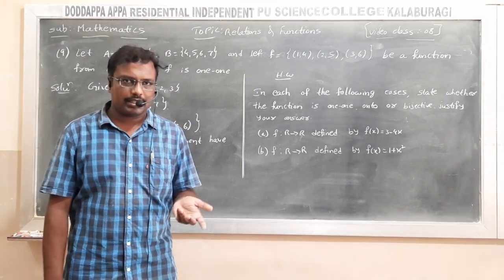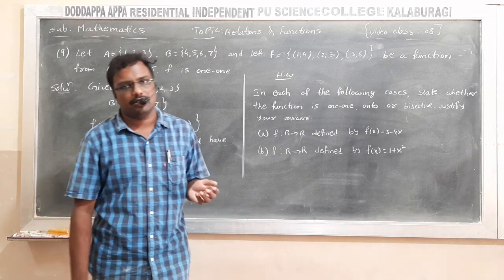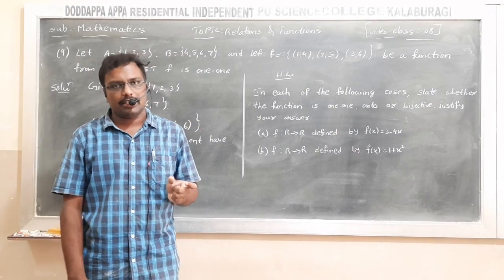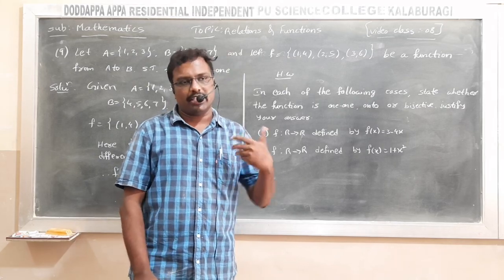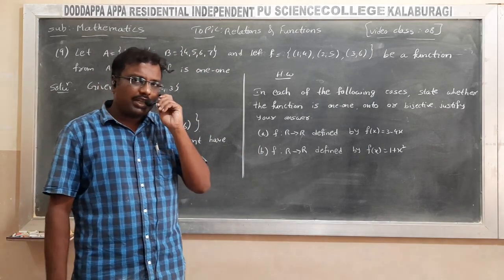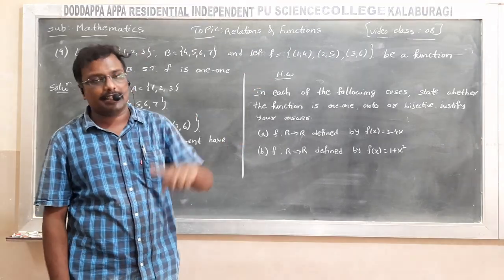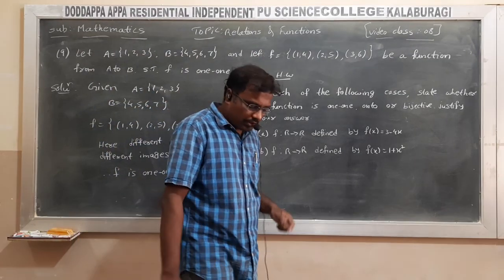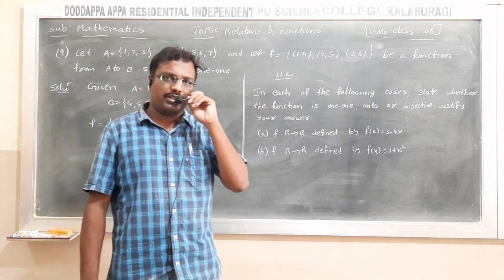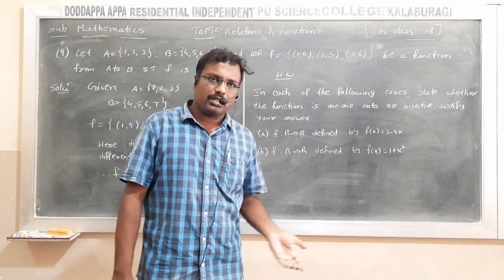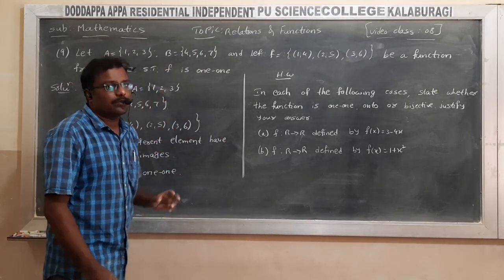The answer should belong to the given set, then only it is onto. If any element is not related to the given set, then it is not onto. By definition, no element should be left in the second set, the related set, that is the y set. Next, bijective function means a function which is both one-one and onto, right? And we discussed some related problems.